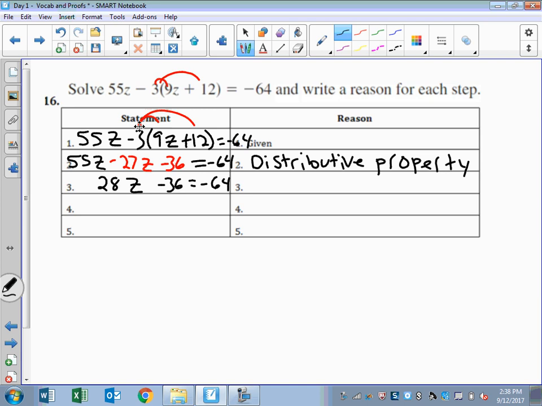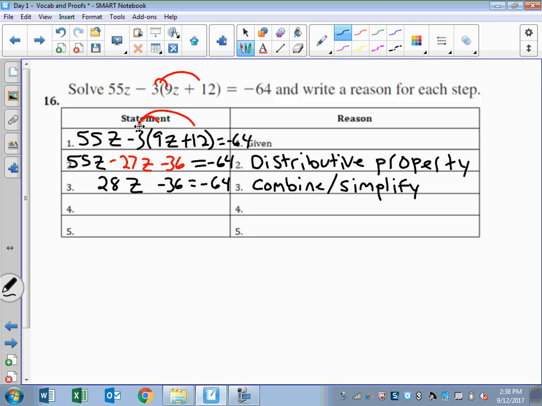Now, when you're doing an operation on only one side of the equal sign, that's combining like terms, we're going to say either combine or simplify. So we did 55z minus 27z, we got 28z, so that's just simplifying it down.